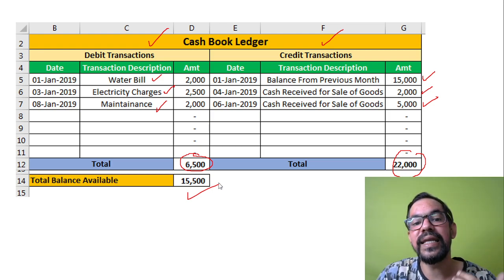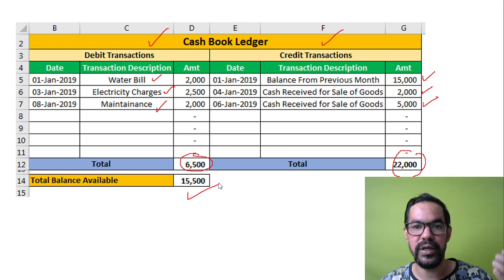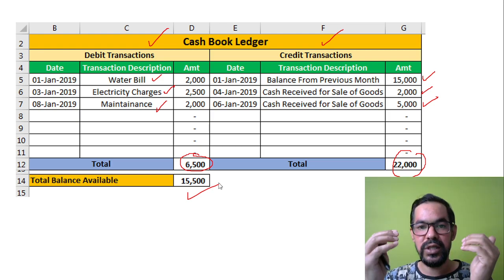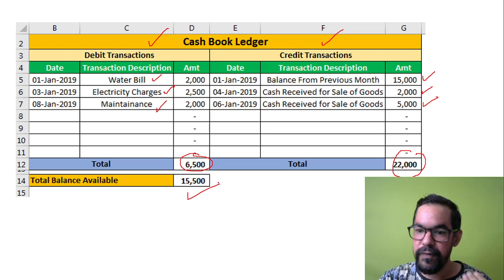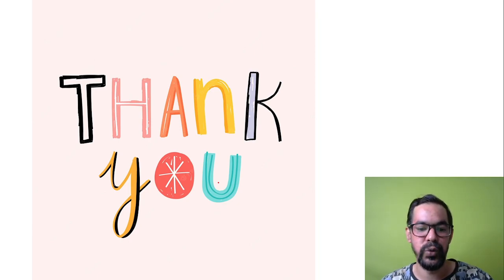But in the case of the cash book, we have date-wise entries. On 1st January we did a transaction, 2nd January, then 3rd January, then 4th January. This way we record this data. I hope with this example you get an idea about the cash book.